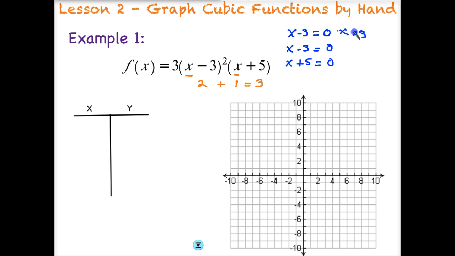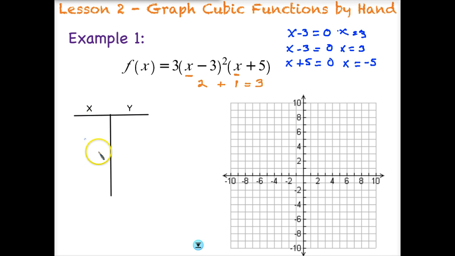And in the second one, same thing, x equals positive 3. And in our third one, though, we would have to subtract 5, so x would be equal to negative 5. So those are our 3 x-intercepts.